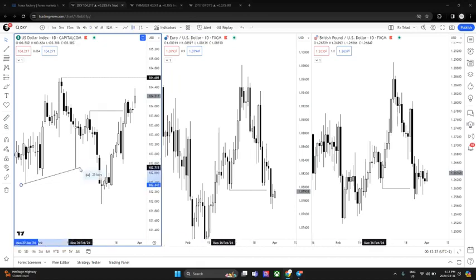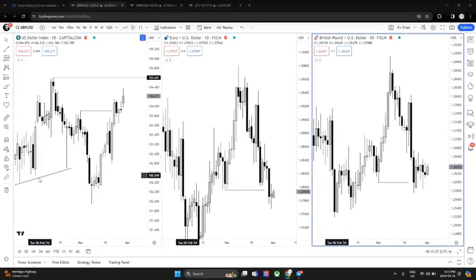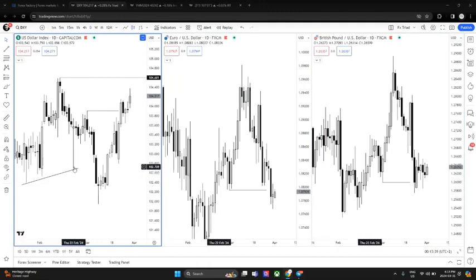The reason price gravitates towards these lows or these highs over here is that this was not caused by SMT. These lows are not cracked. There was no SMT here, so they will act as a magnet for price, which is what we saw happen here.